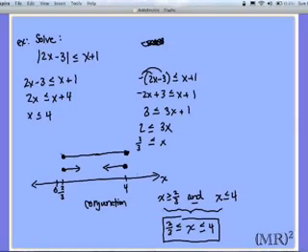If I tried 2/3 and plugged it in here, you should end up getting the same answer on both sides. So 2/3 times 2 is 4/3, minus 3 is minus 9/3, and 4/3 minus 9/3 is minus 5/3, and the absolute value of minus 5/3 is 5/3, and then 2/3 plus 1 is 5/3.